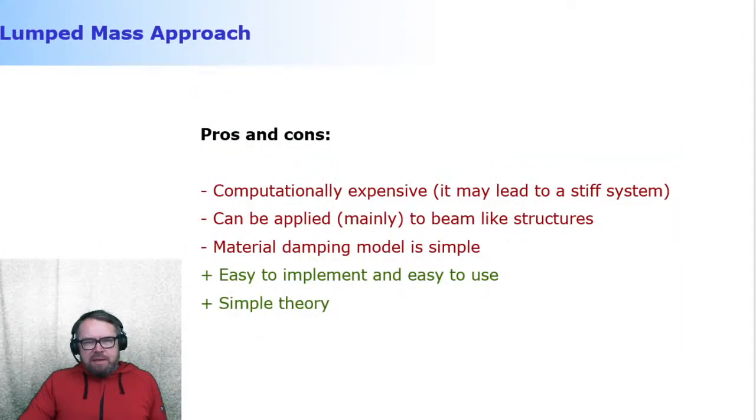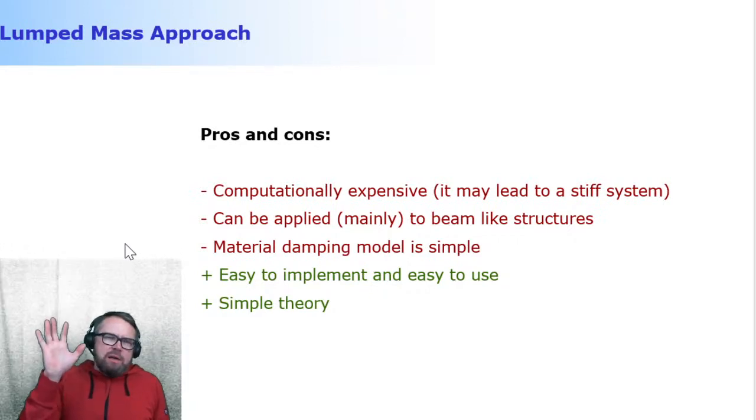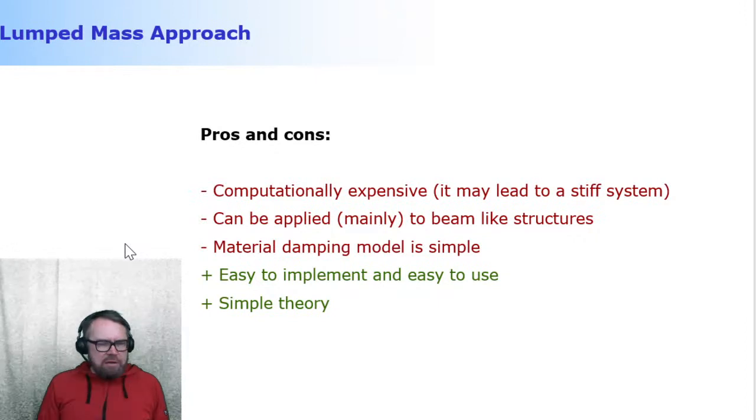So here are the advantages and disadvantages. The first serious disadvantage is that it's computationally expensive because it can lead to stiff systems, which we get back to later in the course. But the stiff system is something that you can kind of alleviate. You can improve the computational efficiency by using time integration schemes that are tailor-made for stiff systems.